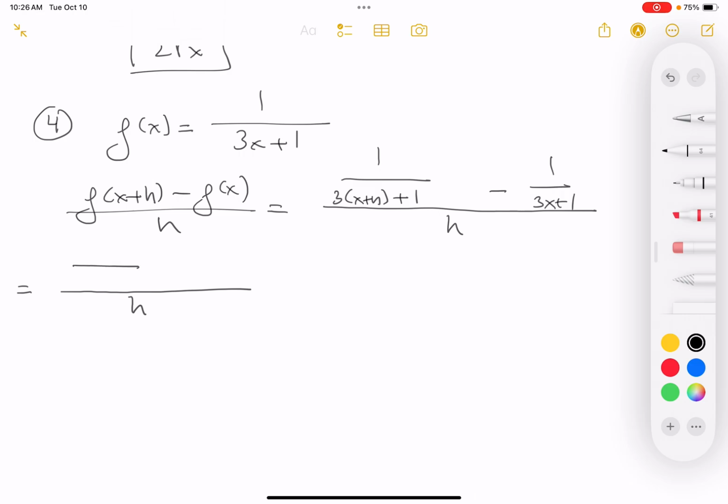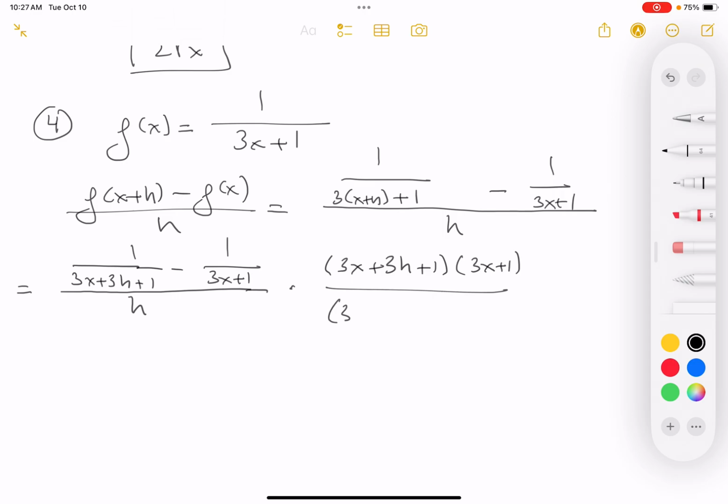All right? So let me write this over here a little differently. 1 over h, 3x plus 3h plus 1, that's a 1, minus 1 over 3x plus 1. This is a complex fraction. I can multiply the top and the bottom by the LCD, which can be 3x plus 3h plus 1 times 3x plus 1.